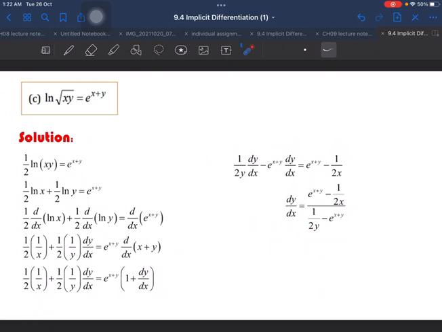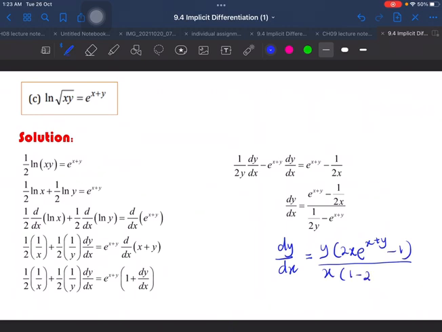Or we can write down, kita boleh tulis juga dalam sebutan yang lebih simple lagi, iaitu dy over dx equal y times 2x exponent x plus y minus 1, over x times 1 minus 2y exponent x plus y.